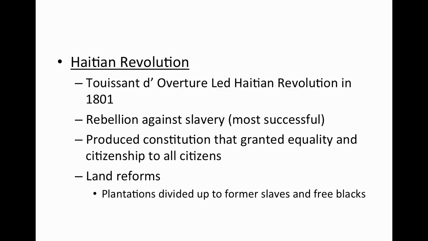Those slave plantations, the land was divided up to former slaves. But we don't see a true democracy because Toussaint governs without anyone electing him. Right? He's eventually, I think, executed. But some positive changes, though not a true democracy. But at least an independent Caribbean nation emerges.